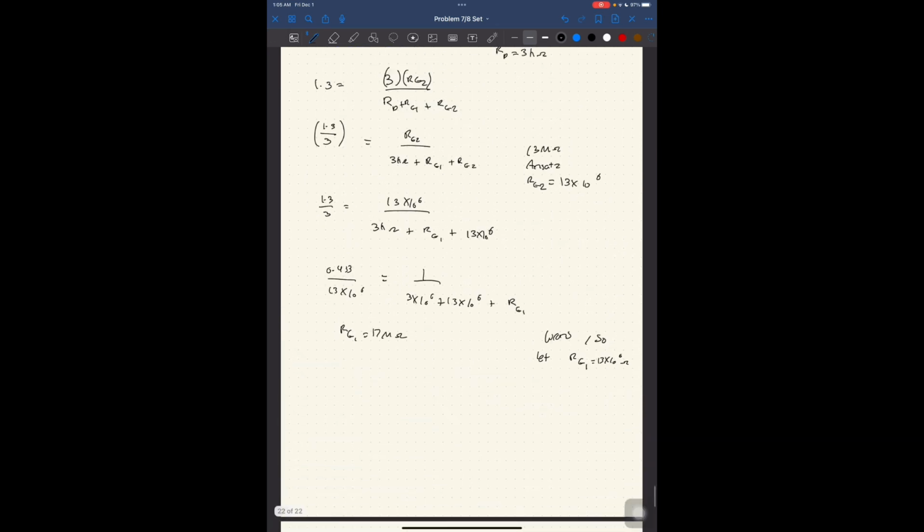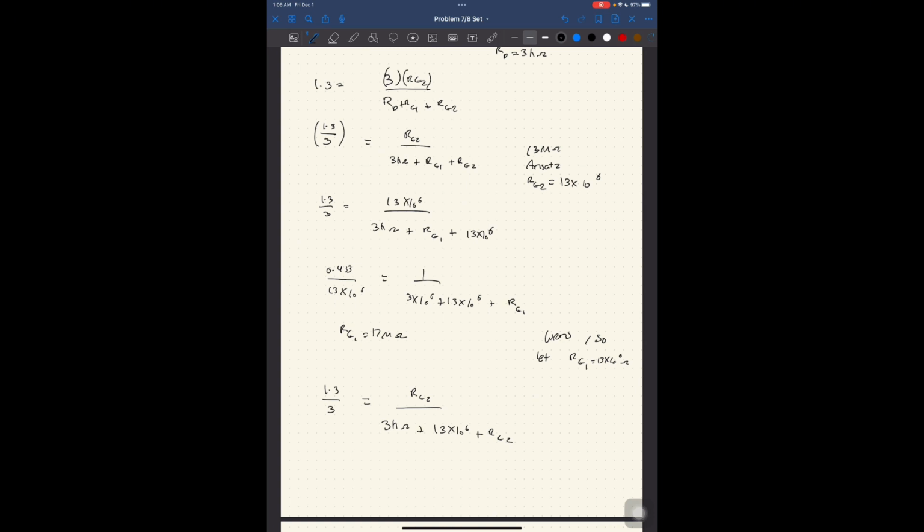Such that 1.3 over 3 is equal to RG2 over 3 kilo ohms plus 13 times 10 to the 6 plus RG2. And with a bit of math, we get 1.3 divided by 3 is equal to x over 3 times 10 to the 3 plus 13 times 10 to the 6 plus x.